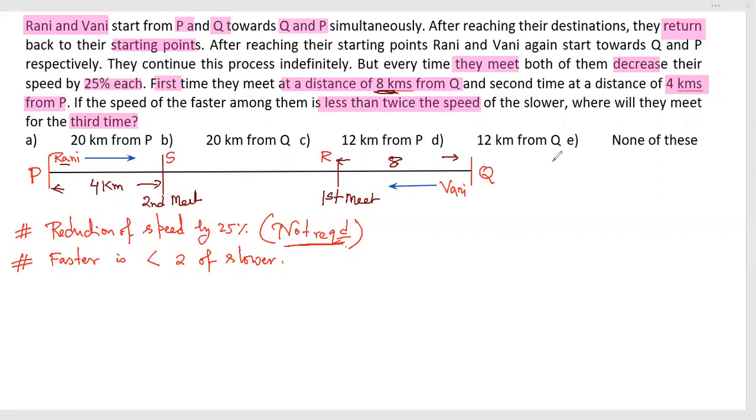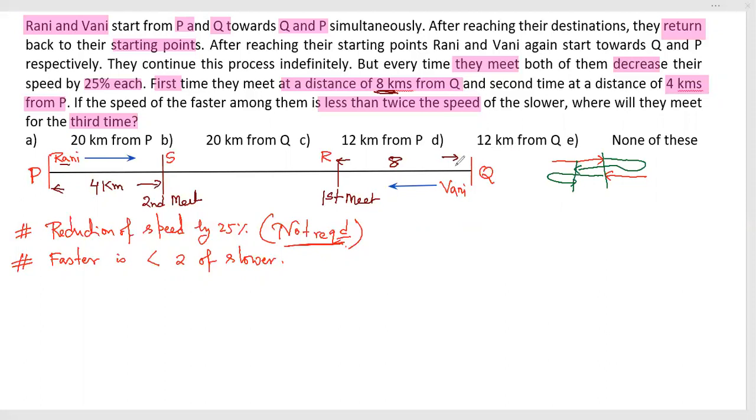First meeting: Rani traveled like that, Bunny this much, and then in the second travel, Rani will return back and go like this, and Vani will return back and go like this. That should be the second meeting. In this way, we can consider the meetings. I am just trying to show you in a rough sketch.